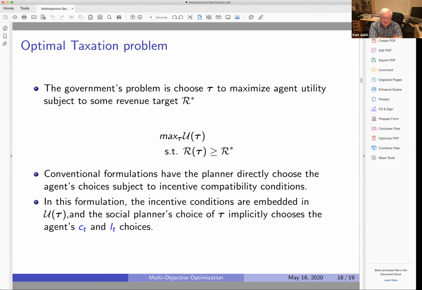So solving one of these problems is typically very difficult, beyond the ability of even the most advanced solvers.